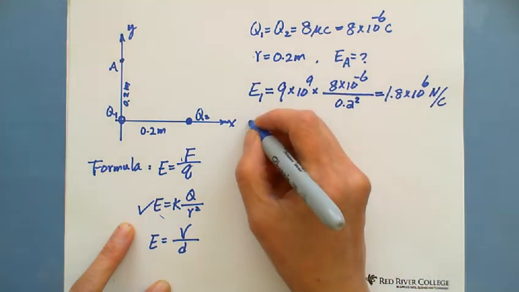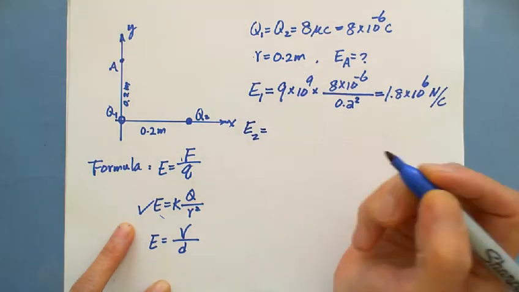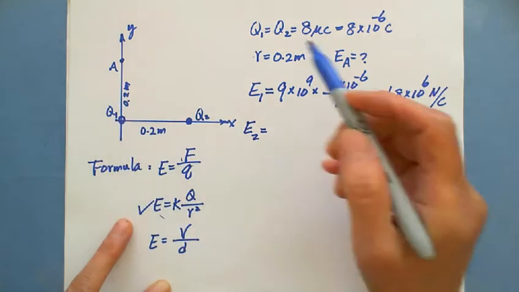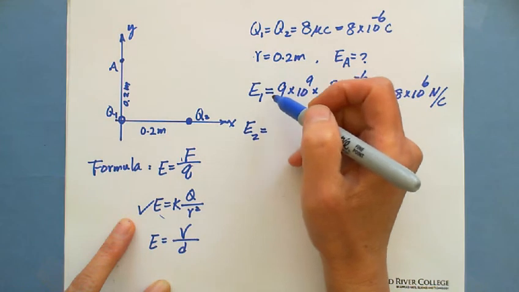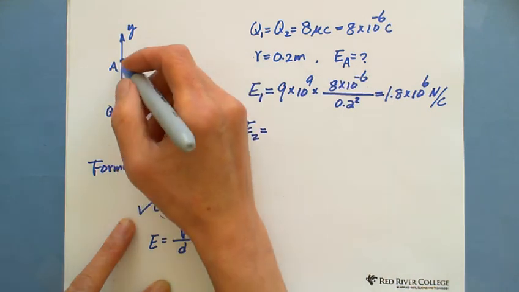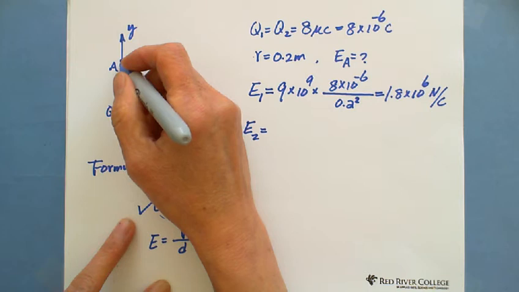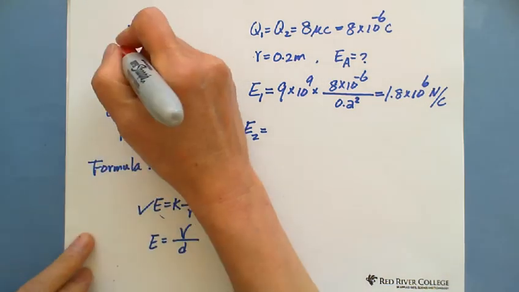Second, we're looking for E2. But by the way, I need to confirm the direction. This is the magnitude. The direction of E1, from Q1, is this way.